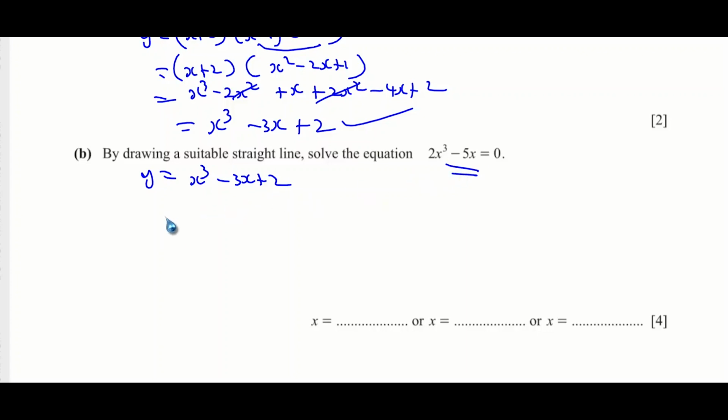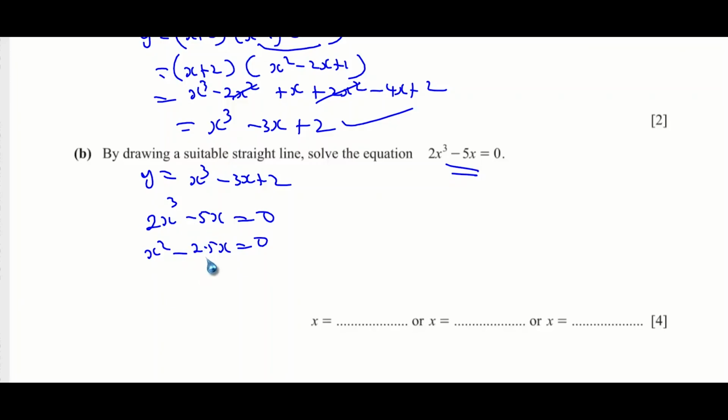If you try to do that, 2x cubed minus 5x equals 0. Then this will be x cubed minus 2.5x equals 0. Then I need to make this 3x.